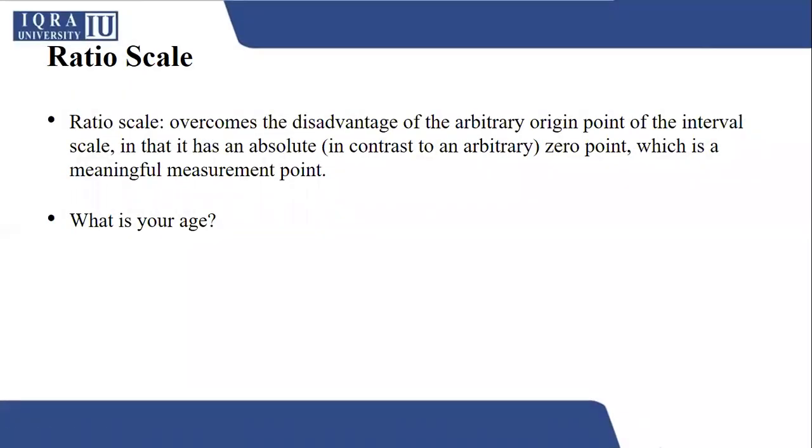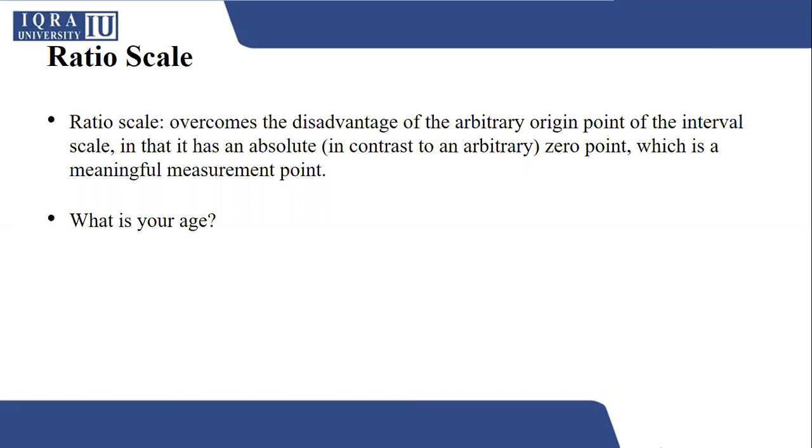Ratio scale. This is the last scale and it is a very powerful scale. Ratio scale overcomes the disadvantage of the arbitrary origin point of interval scale. In ratio scale, it has an absolute 0 point, which is a meaningful measurement point.